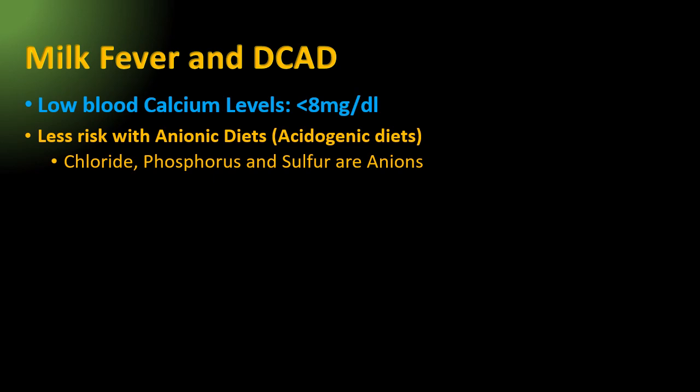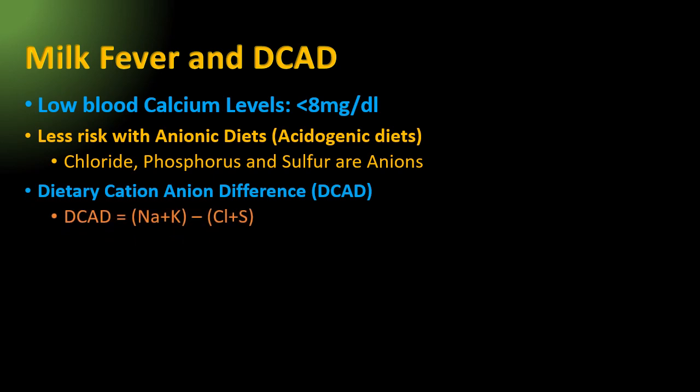Anion or cation actually depends upon the charge on these elements. Chloride, sulfur and phosphorus in the ration are considered as the anions, whereas the ration cations include sodium, potassium, calcium and magnesium. The dietary cation anion difference is calculated by subtracting the equivalent weight of anions from the equivalent weight of the cations.